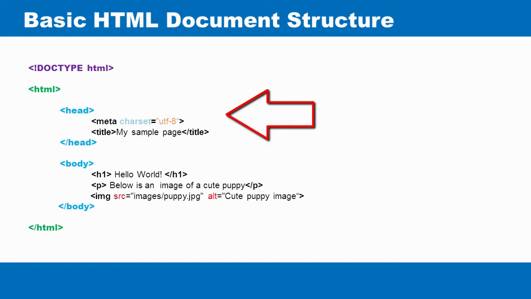So the standard is UTF-8, which includes most characters from the vast majority of human written languages. So when you have your meta charset set to UTF-8, it essentially means that it can handle any textual content you might put on it.